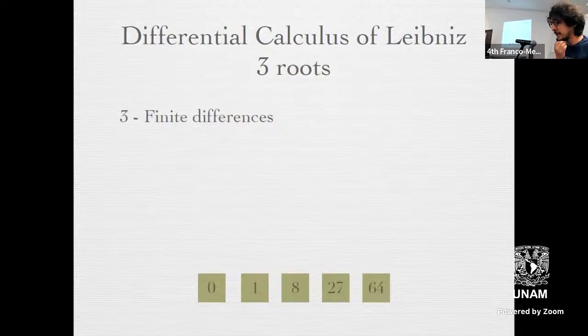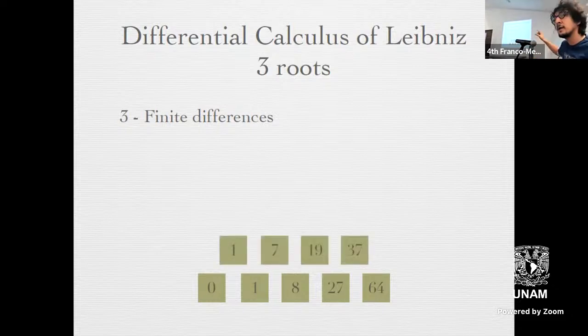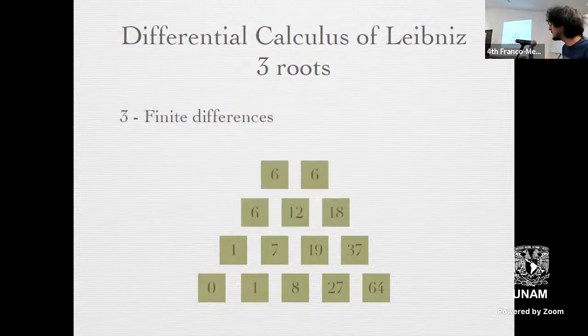And the third root is the finite differences. If you get a progression, for example the progression of cubic numbers, you can build what Leibniz called a triangle of differences. You put the differences of each number. Here, each number is the difference between the two numbers below, and you make it again and again. With such a numerical diagram, you obtain properties of progressions that are the same as properties in differential calculus.